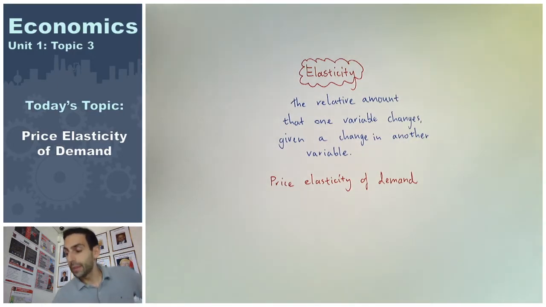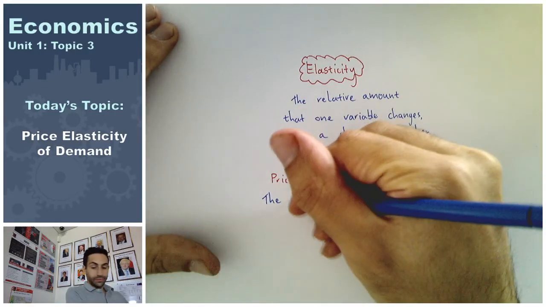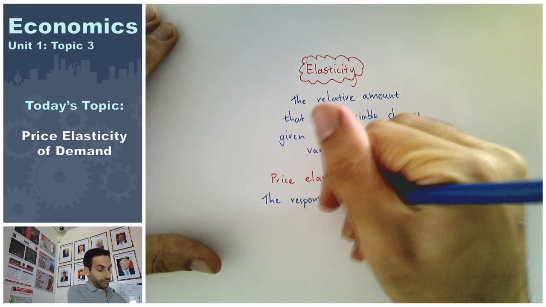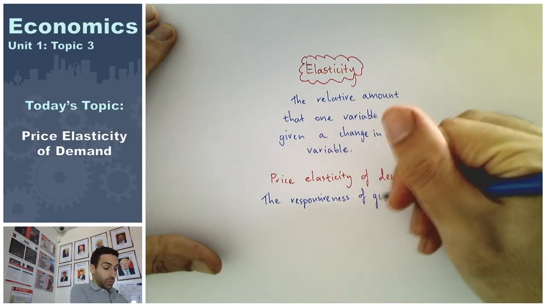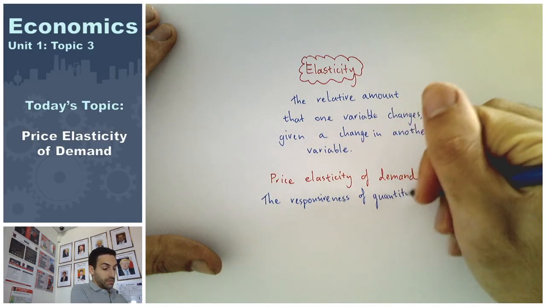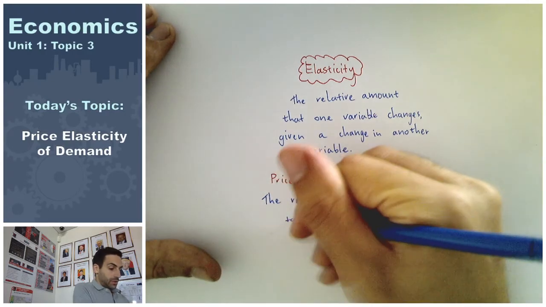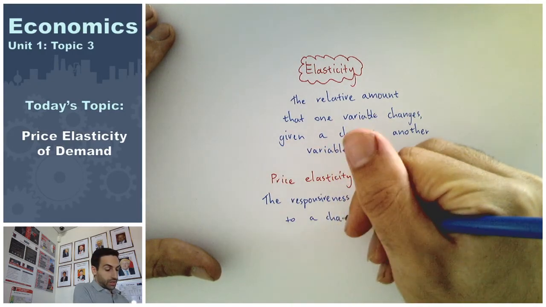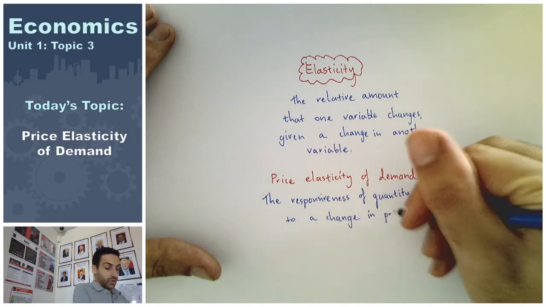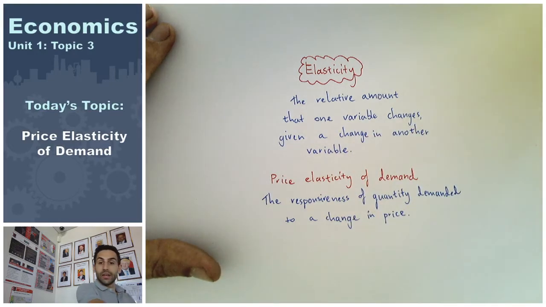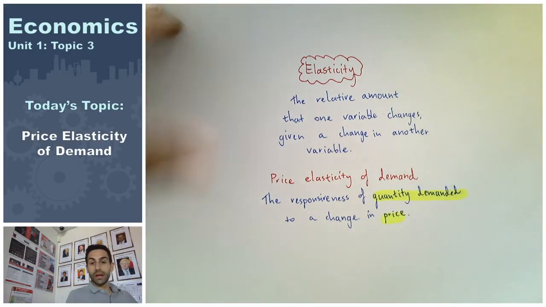Okay, that being the responsiveness of quantity demanded to a change in price. Okay, they are the two variables that you can see there. The variables being price and quantity demanded.